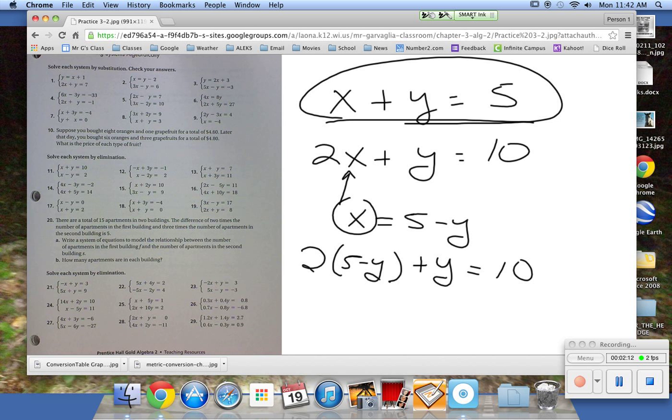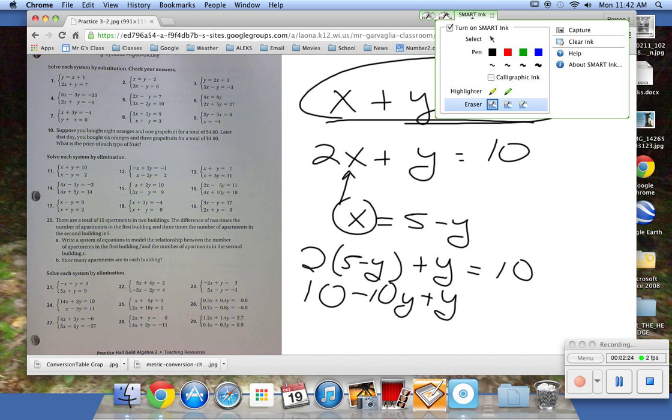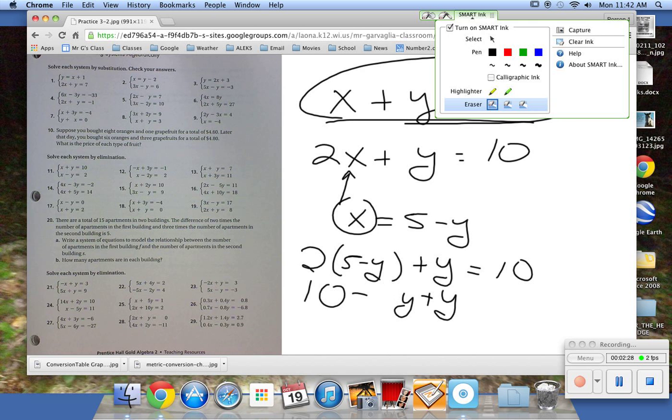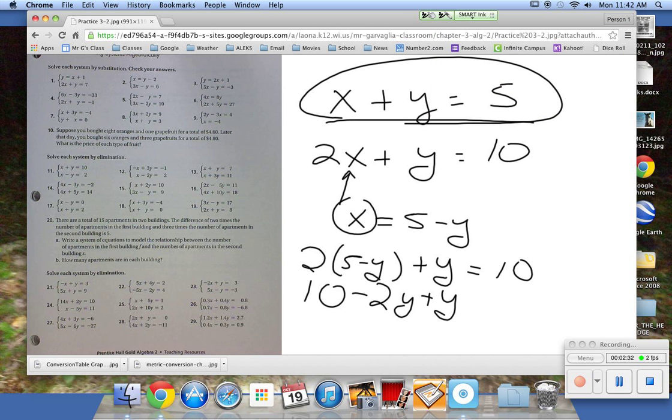And solve. 10 minus 10y plus y, I'm sorry, 2y. It's 2y equals 10.